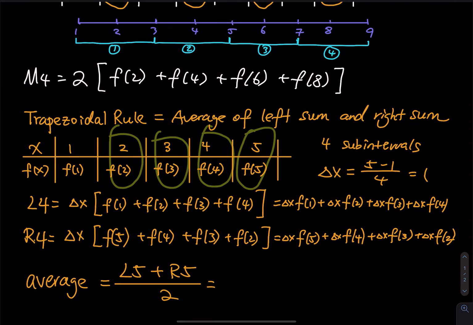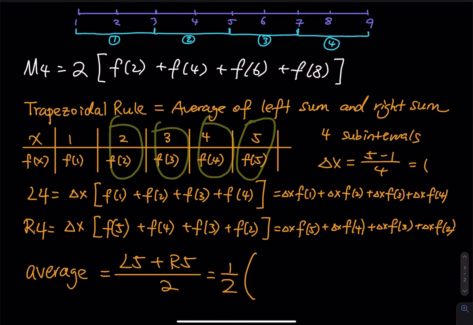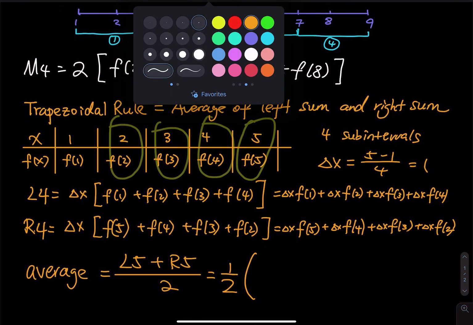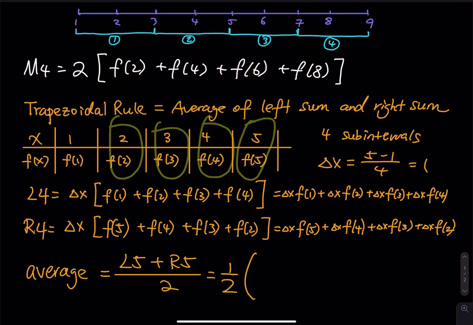For the divided by 2, I will just take the 1/2 out. And then when you do the addition, do we agree that only f of 1 and f of 5 stand alone? The rest of the f, so f2, there are 2 copies of f of 2, right? And 2 copies of f of 3 and 2 copies of f of 4.